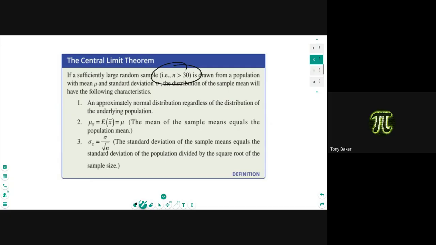And the standard deviation of the sample mean equals the standard deviation divided by the square root of the sample size. So this one's kind of easy. Whatever you get for this is going to be that.